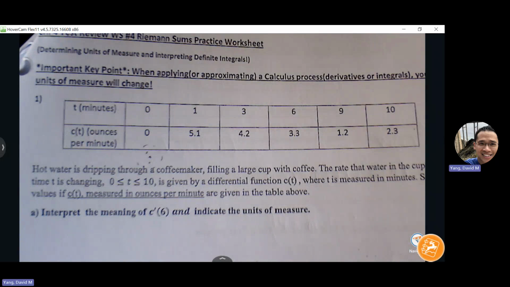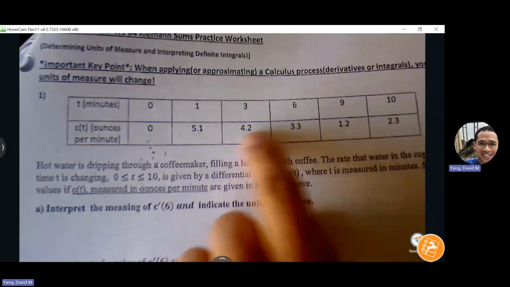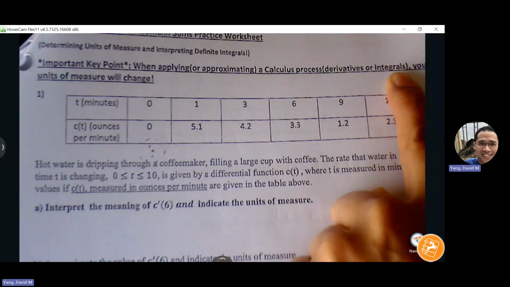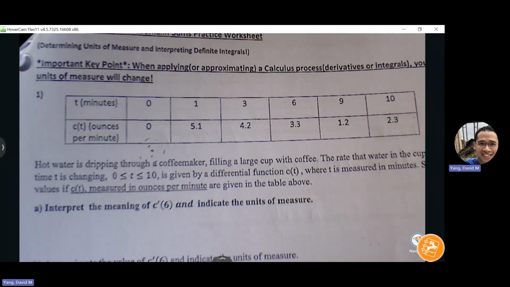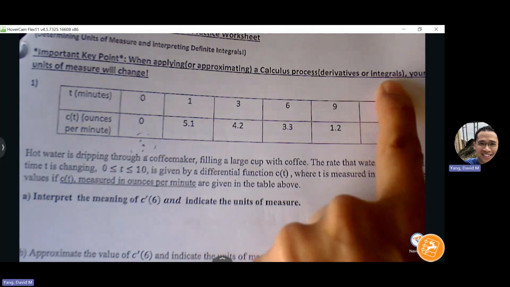I think students are pretty good with that. I think that just comes more naturally to us. But when you do an integral process, something is also changing. What do we associate integral with? What algebraic or geometric thing when you think about antiderivative integrals? Area, right?